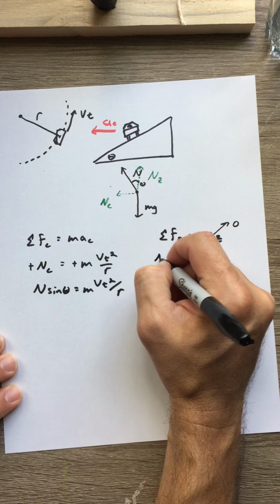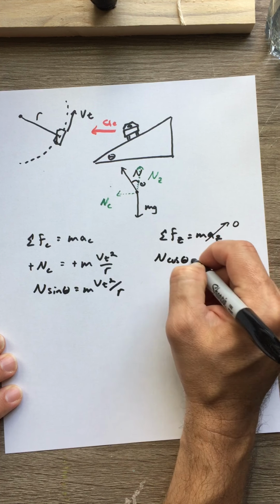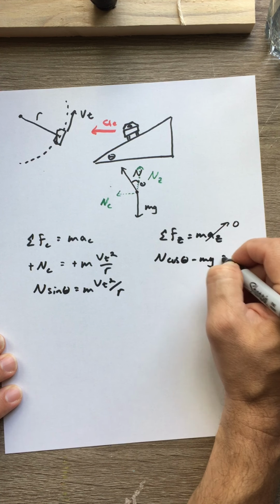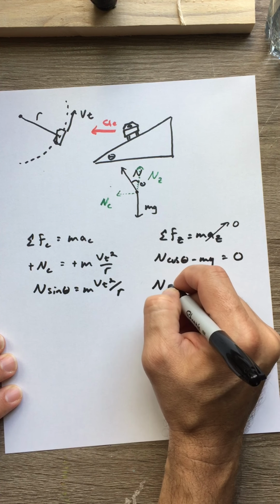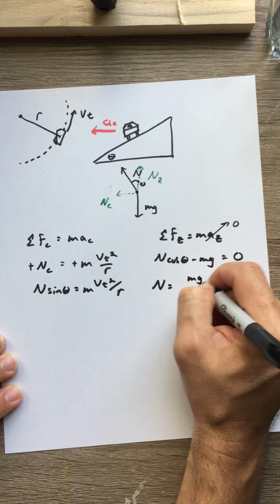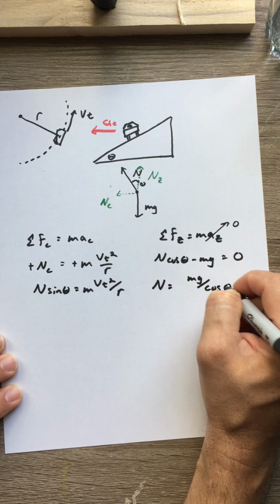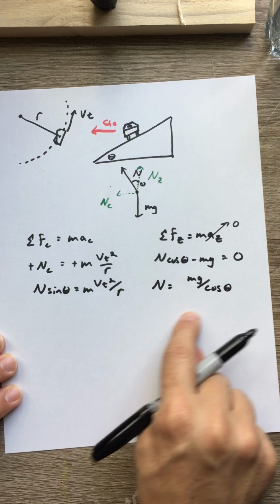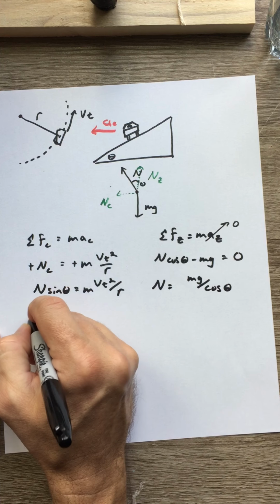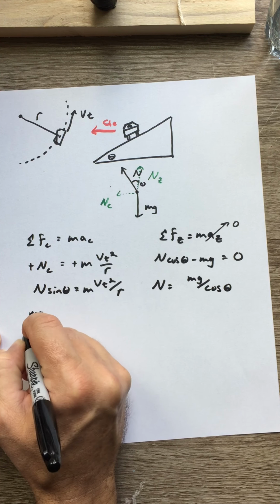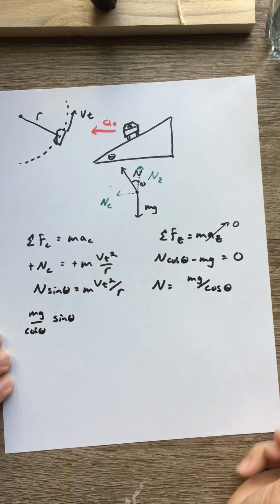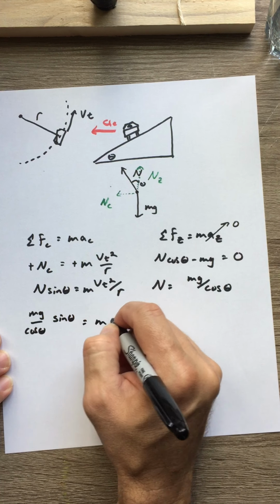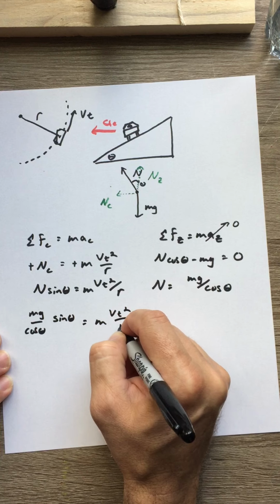And I get n cosine theta minus mg is equal to 0. Run through the math. Looks like I'm going to get n is equal to mg over cosine of theta. I can then plug that back into here. And I'm going to get mg over cosine theta times sine theta is equal to m v tangential squared over r.